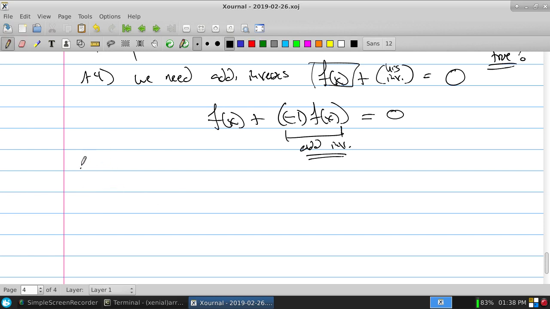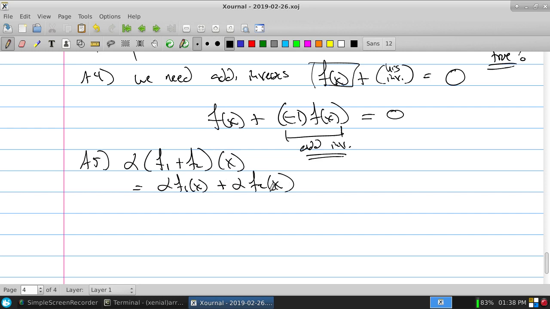On to A5. Now we talk about the scalar multiplication rules, which is alpha and then one function plus another function. As a function of x, this is obviously going to be alpha f1 of x plus alpha f2 of x. Probably should not skip the one step in between here.